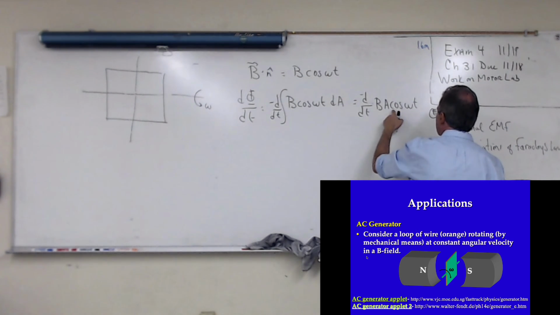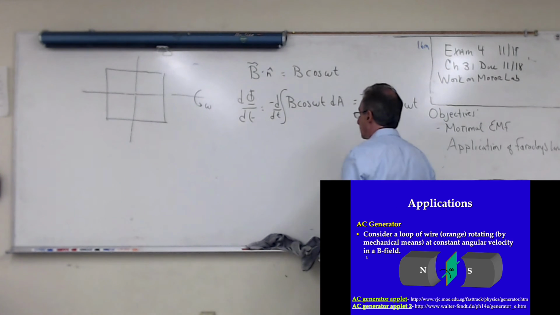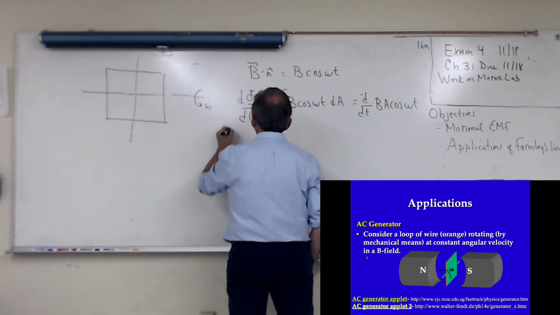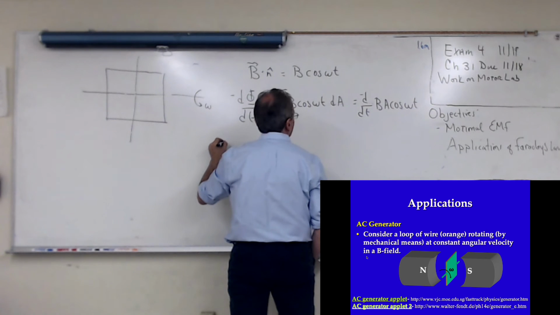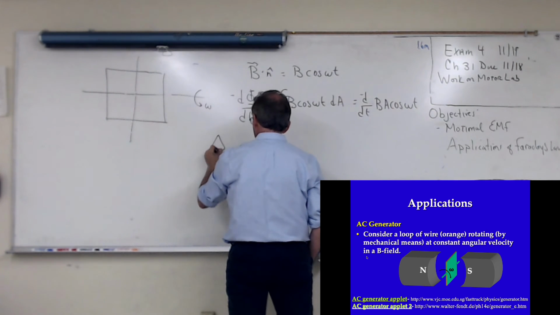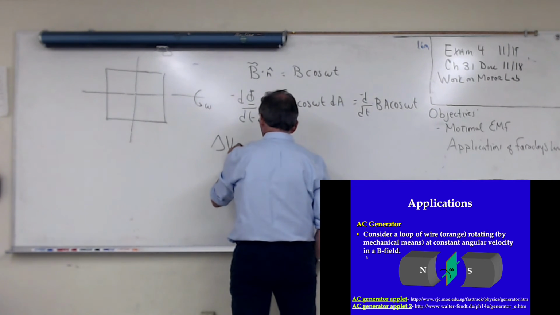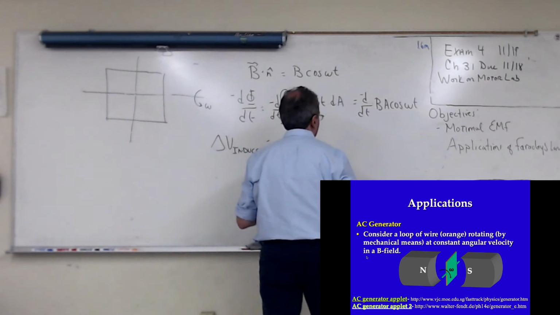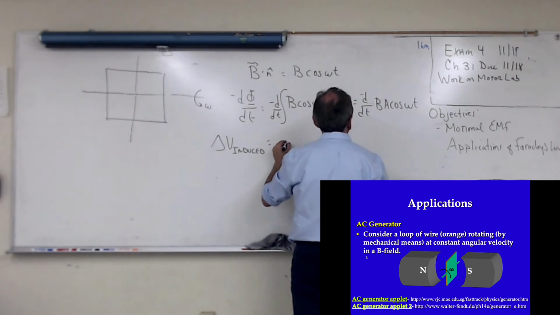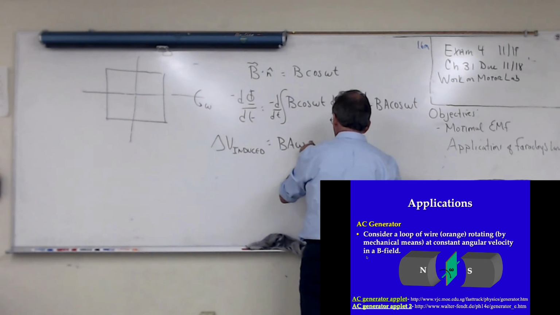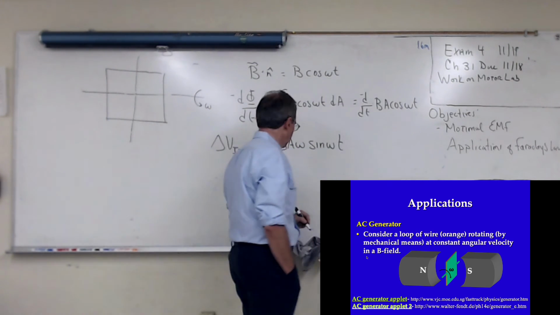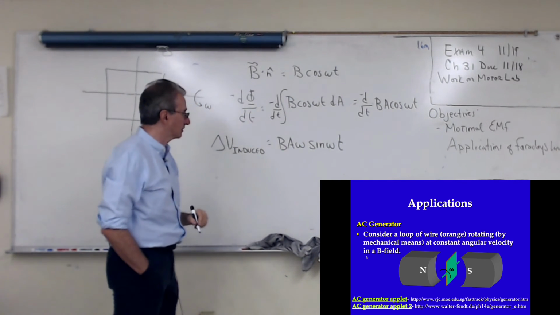What's the derivative of the cosine? Negative sine, okay. So the induced voltage is BA sine omega t.